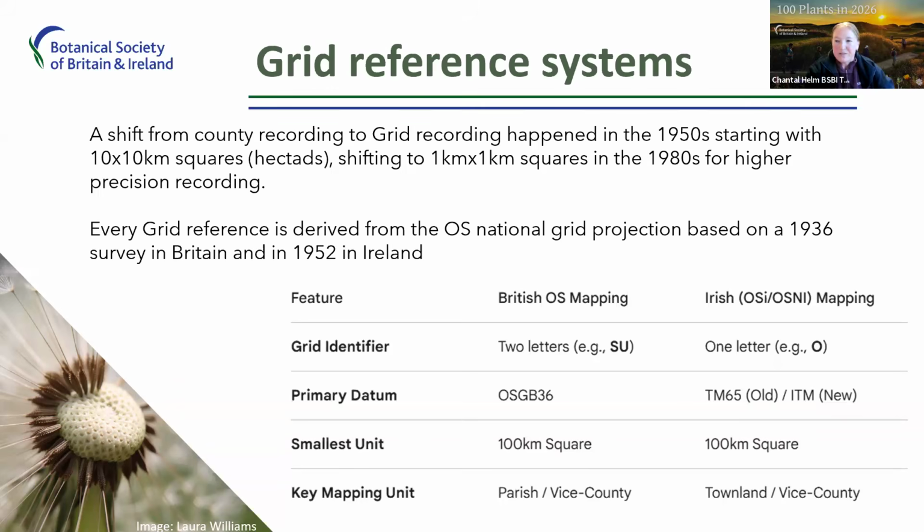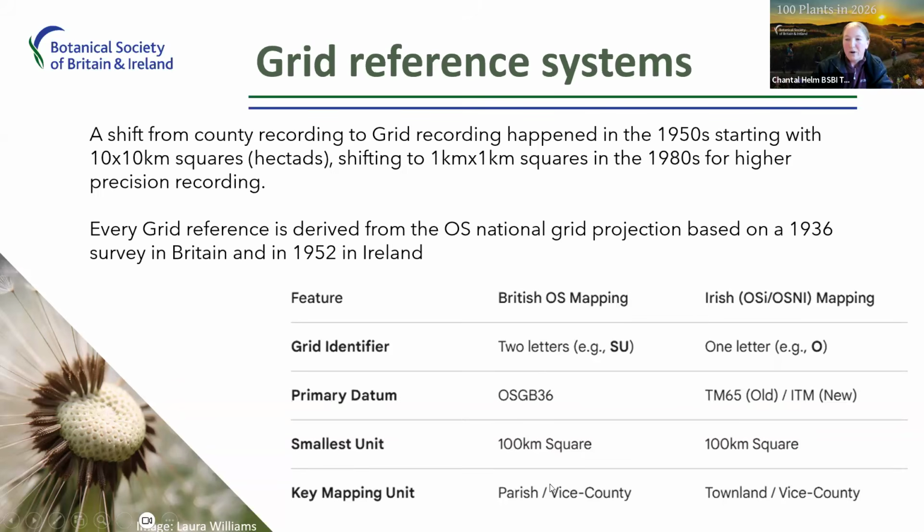But eventually it was an extremely useful mapping project, which gives us all these wonderful Ordnance Survey maps that we can access and have a look at and explore the countryside with, to extremely fine detail of every possible thing you could think of. So that happened in 1936 in Britain and 1952 in Ireland. So we have the two grid systems. They are slightly different, and we're going to have a look at those in a bit more detail now.